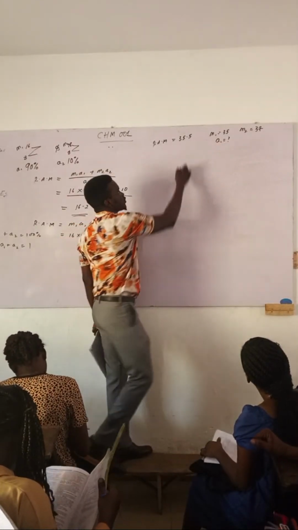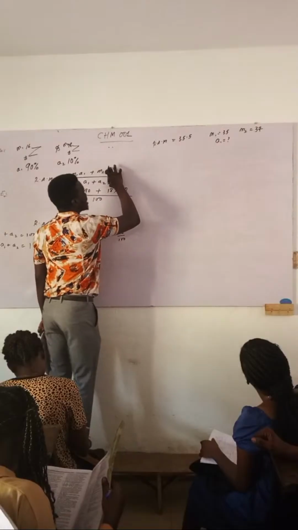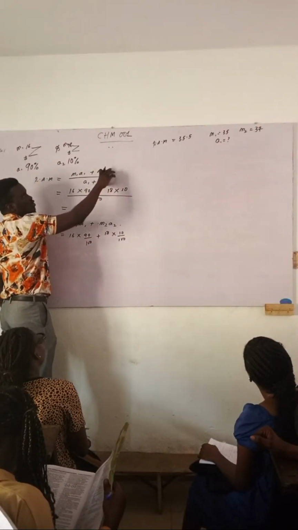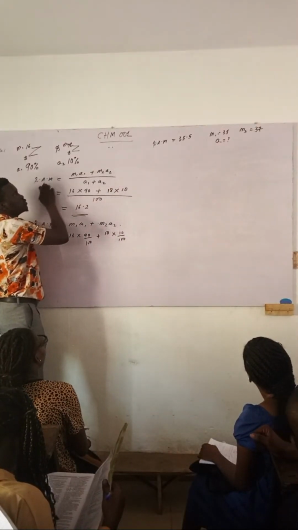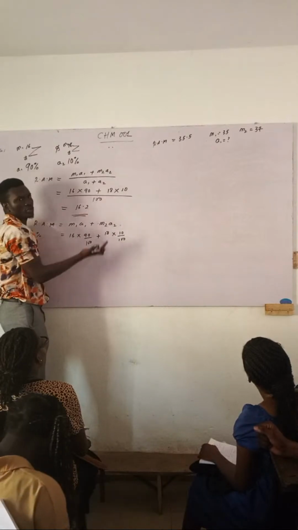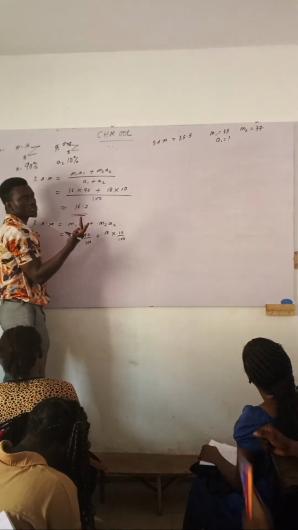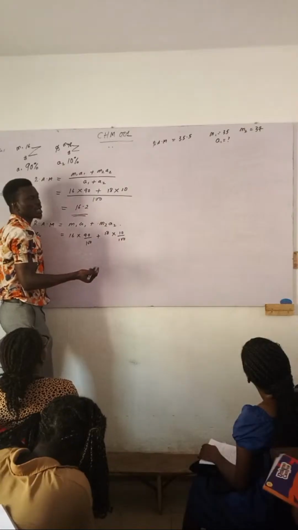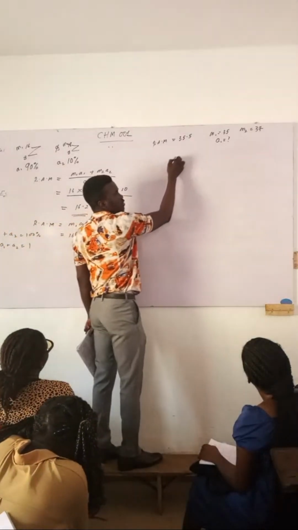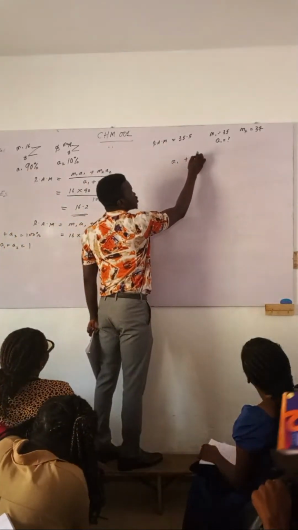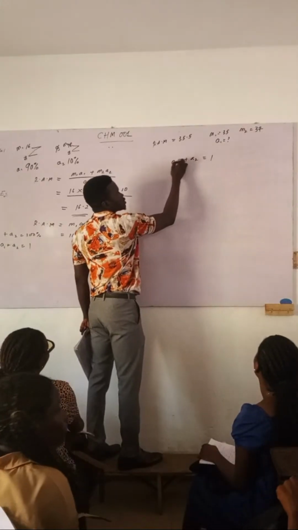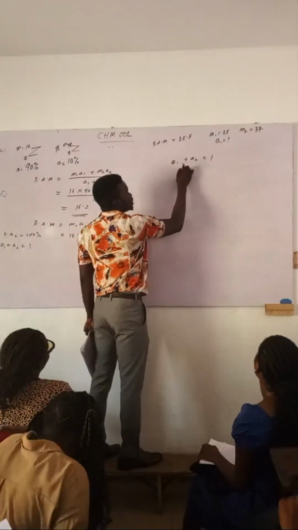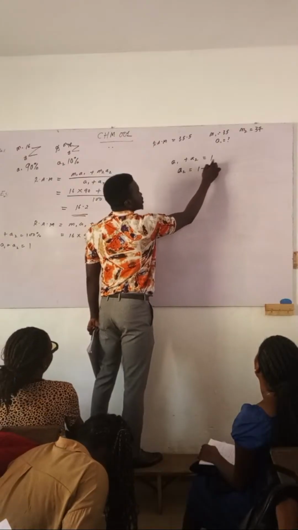But if you use this formula, you might have some bit of problems. Because you know M2, you know M1, you know this, but you don't know A1 and A2. So that means you have 2 unknowns and it will be a problem. That's why this second formula works. You can say A1 plus A2 is equal to 1. So I can say A2 is equal to 1 minus A1.